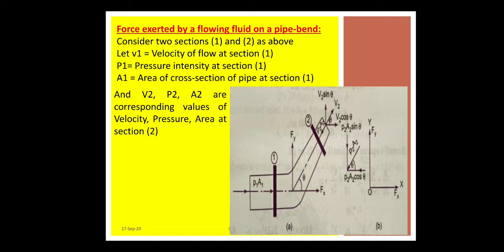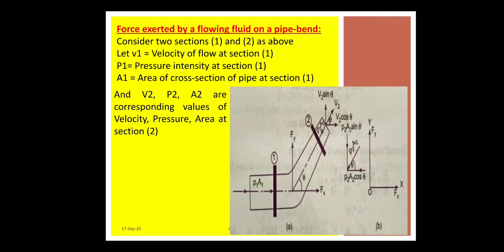Now project the axis of the center line towards section 2. At section 2, just write the x axis and y axis as shown in the figure, and after writing the x axis line and y axis line, make sure that it is also making an angle theta, whatever you are seeing in the pipe bend.